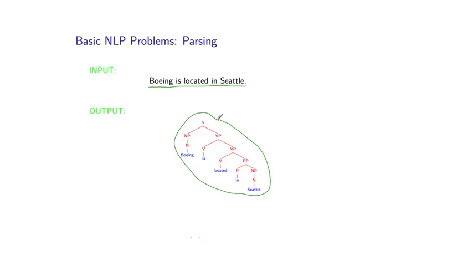We'll talk a lot about this later in this course, but at a very high level, the parse tree essentially gives some hierarchical decomposition of a sentence corresponding to its grammatical structure. Once we've recovered these kinds of representations, we can, for example, recover basic grammatical relations, the fact that Boeing is the subject of this verb is, or the fact that this prepositional phrase in Seattle is a modifier to located.